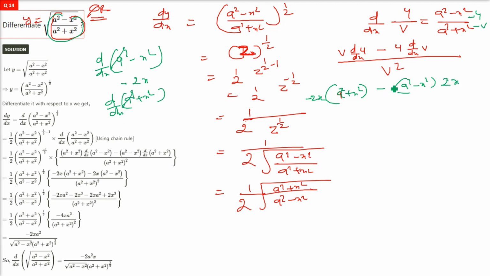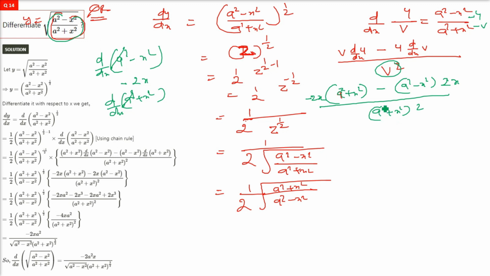Alright. So in the denominator, it will be square, no differentiation. So a square plus x square, whole square. Now let us use the algebra, the normal way we have been doing till this standard, this class. So I'm doing the numerator right now.